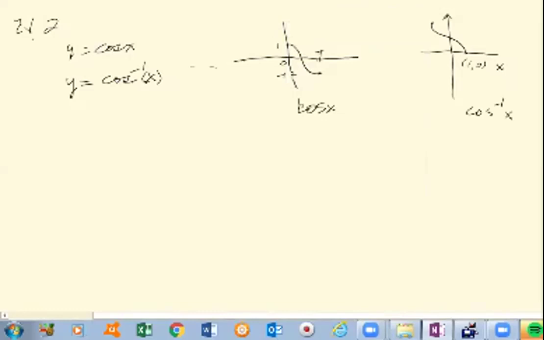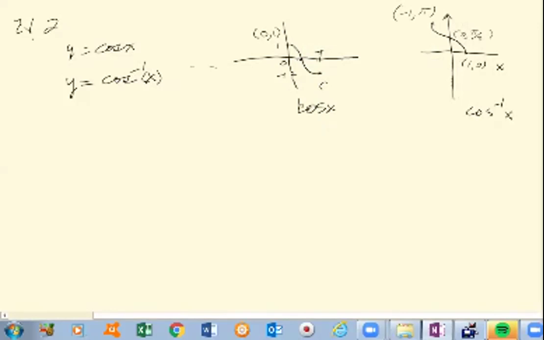Let's look at this point in the middle, which is pi over 2, 0. It becomes 0, pi over 2. So that's the point right here. And then this point over here, -1, pi.